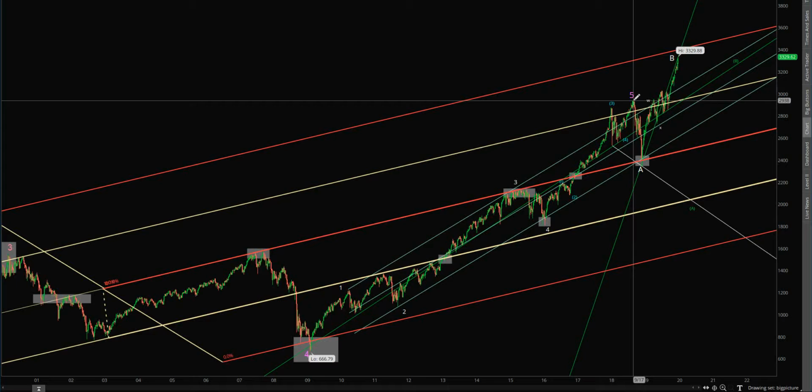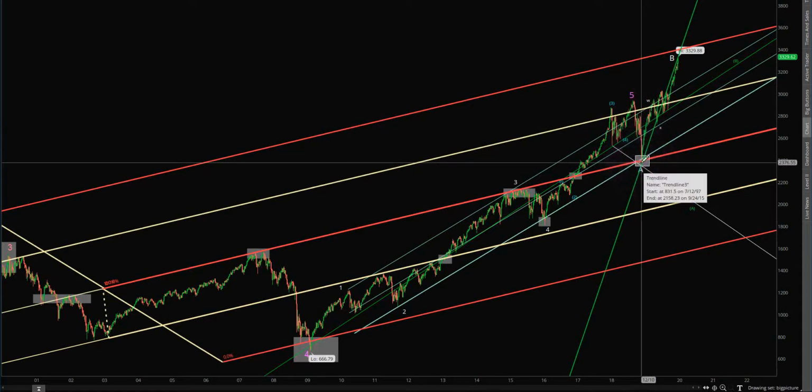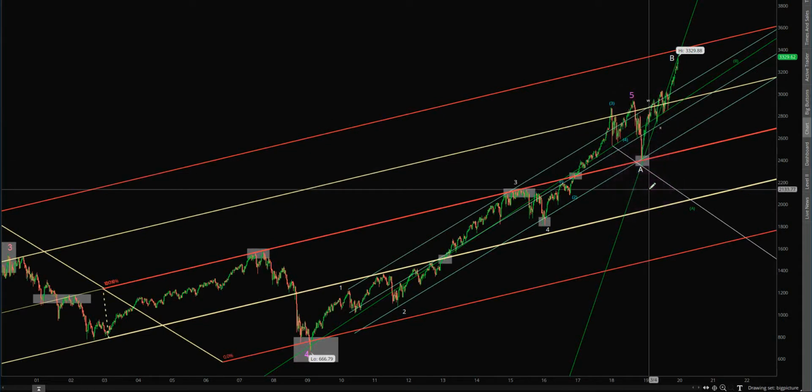So what happened after that major high? We made 3 waves down for A, and then we get a B wave. The strange thing is this B wave is extremely strong.